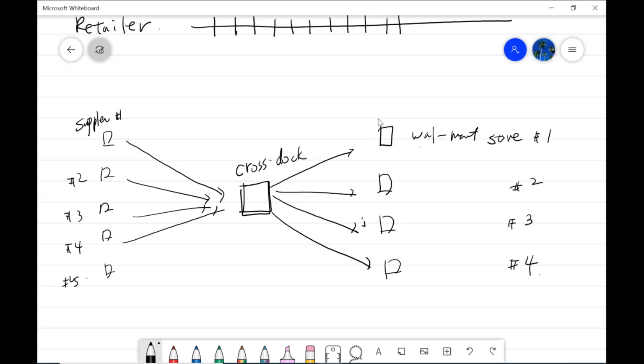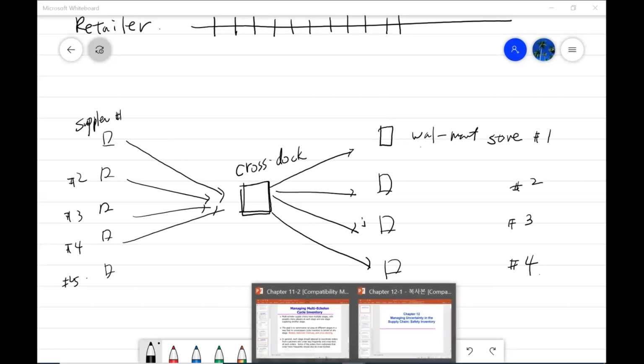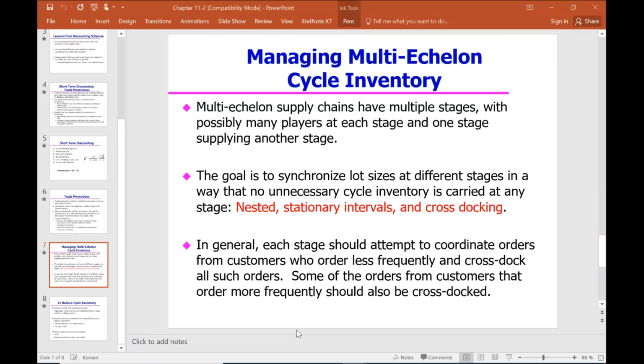So this is a very good idea to reduce the cycle inventory and also make delivery efficient. Let me go back to the slide here. That is the idea of how we can manage cycle inventory and try to minimize its amount in a multiple-stage supply chain system.